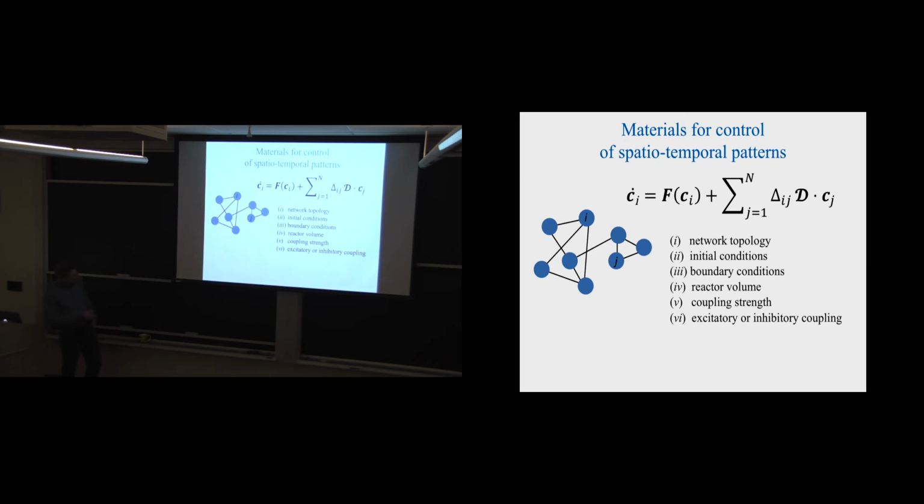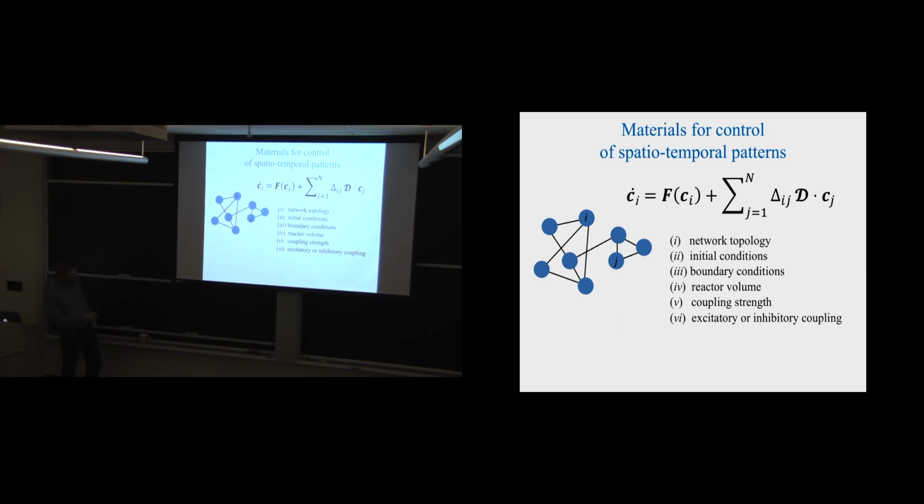This is what we've done in the last year: we've worked out that we can control network topology, we can control initial conditions with light, and boundary conditions either using the constant chemical boundary condition with the light on the chemical reaction, or the no flux boundary condition using the silicon.